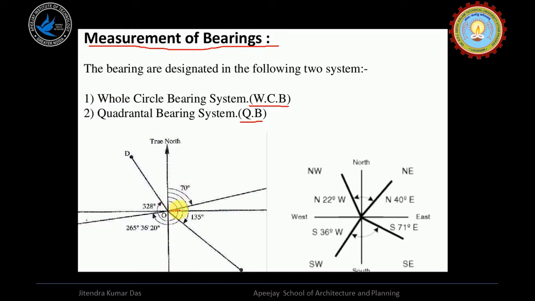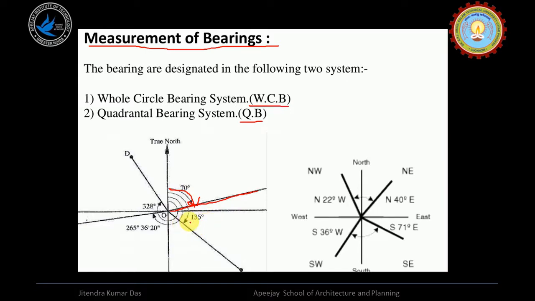In the image you can easily see any line whose bearing we would like to know. We take the reference north, south, east, west, and if we measure the angle of any line in the first quadrant, we have an angle between 0 to 90 degrees. Suppose 70 degrees, so the bearing of the first line is 70 degrees.